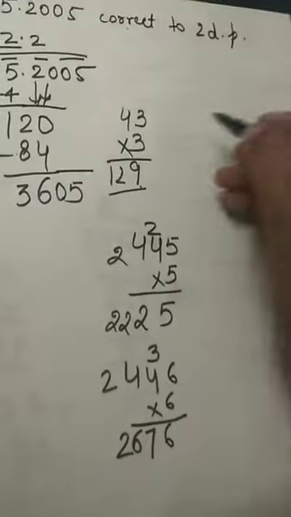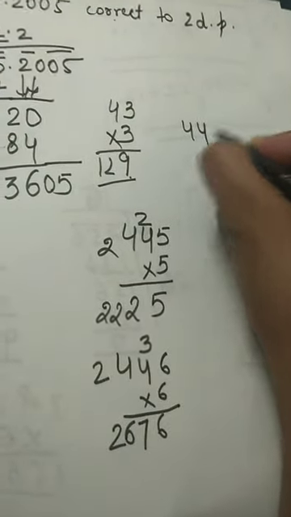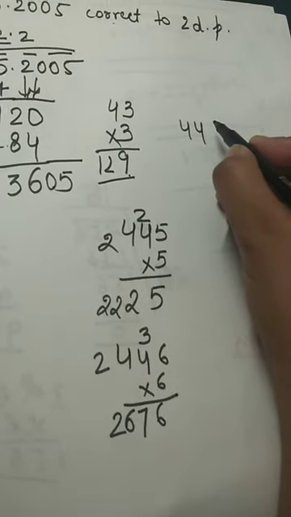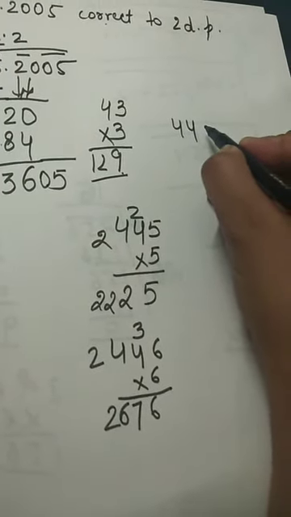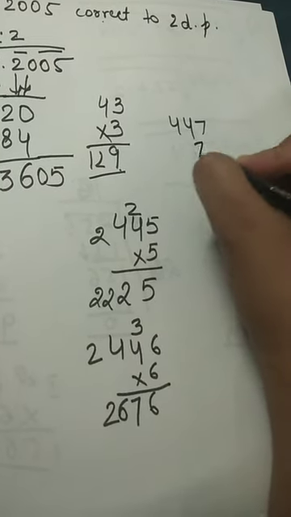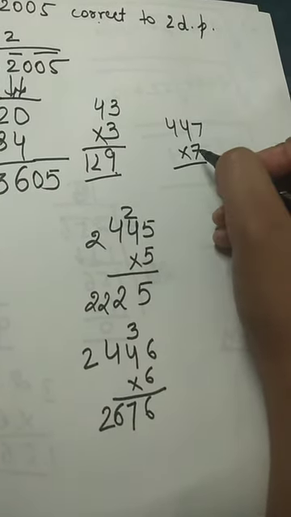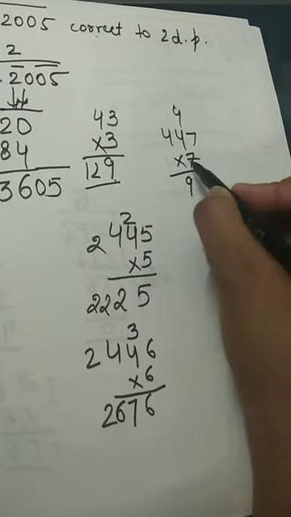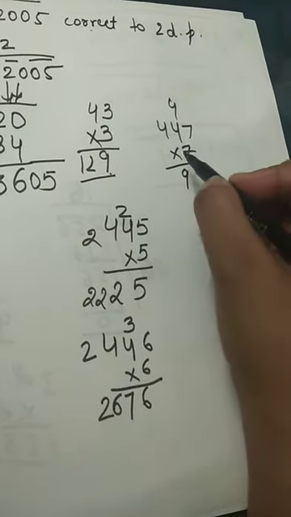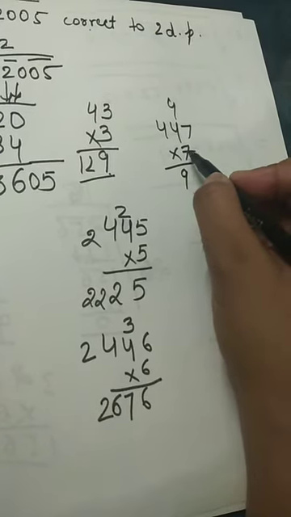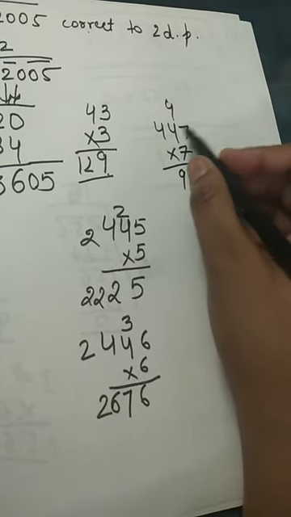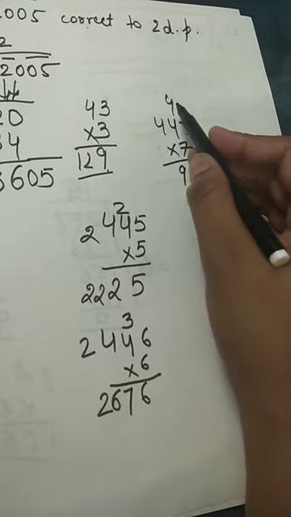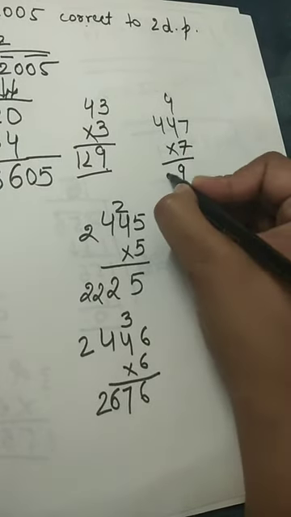Let's check by 7. 7 7s are 49. Carry 4. 7 4s are 28. 28 and 4 is 32.